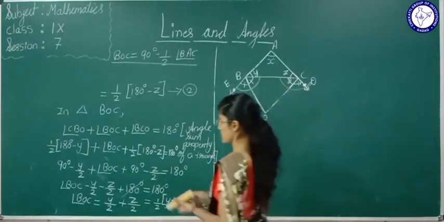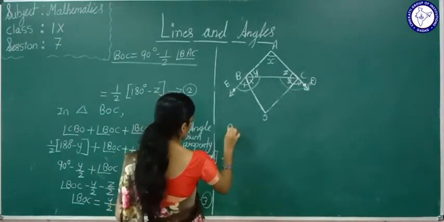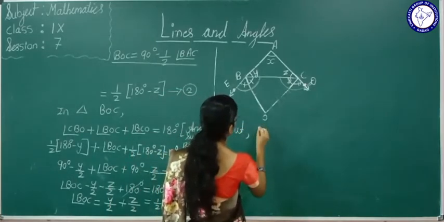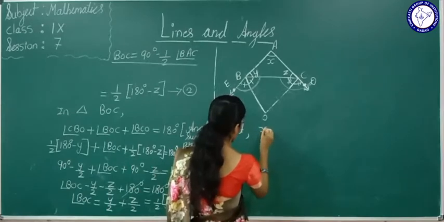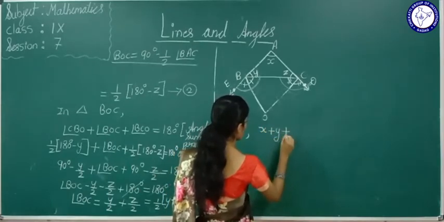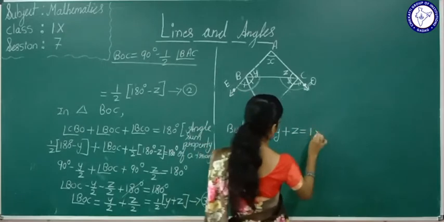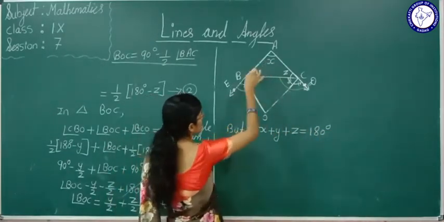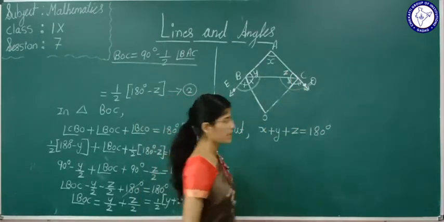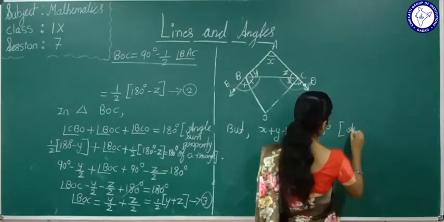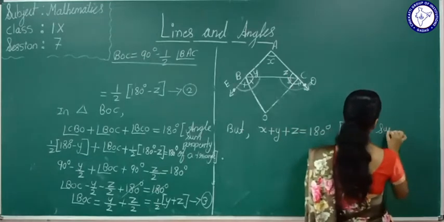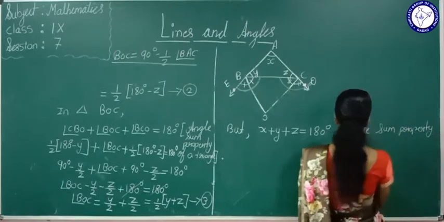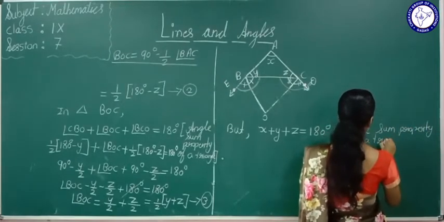Now see students, but x plus y plus z is equal to 180 degree. Yes or no? This is by the angle sum property of a triangle.